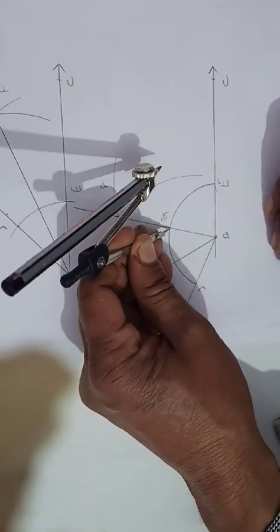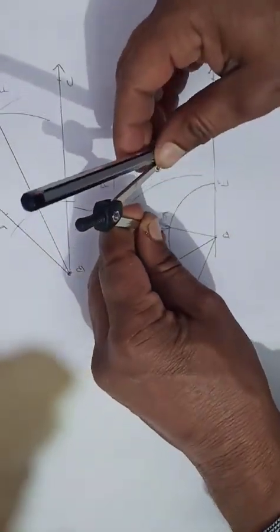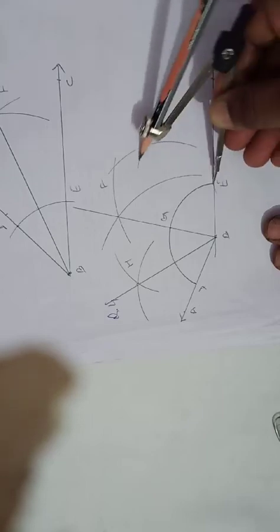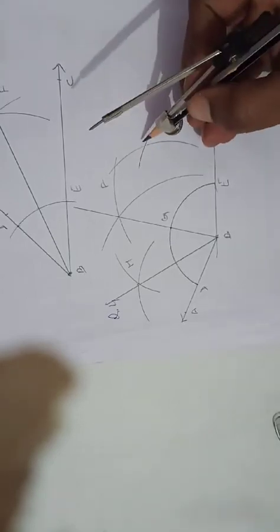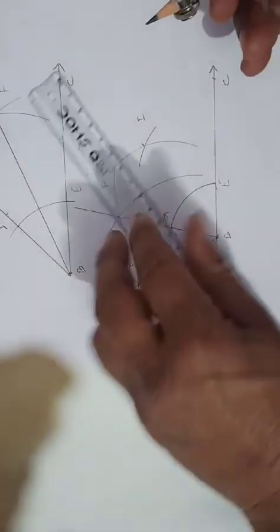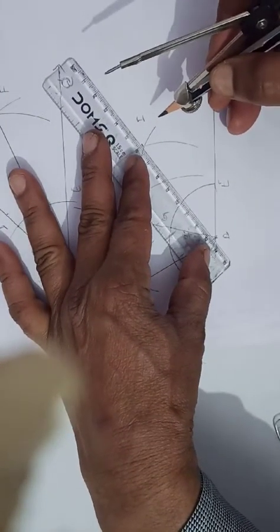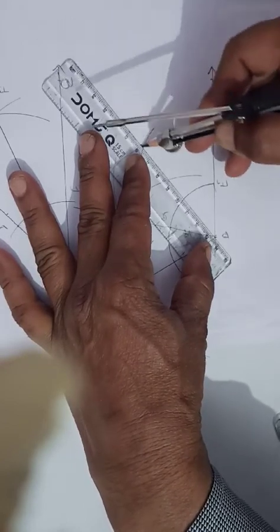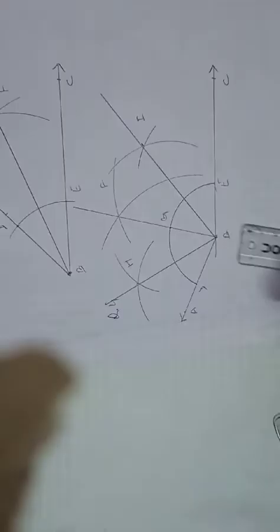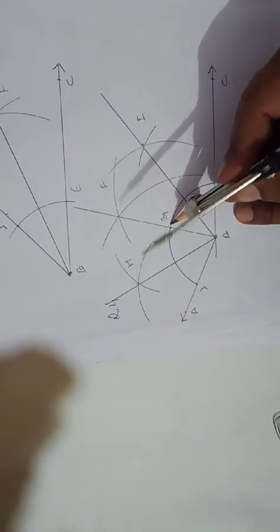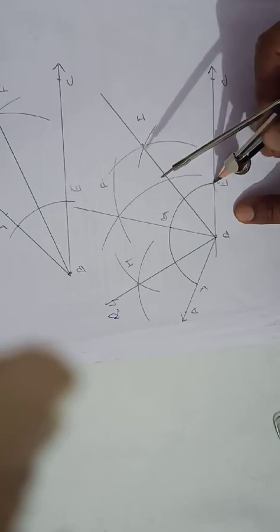Okay, in the same way you have to divide this one. Open the compass because the arc is already there, with G as center and the same radius, mark another arc at E, let it be I, and join B and I. So these two parts, one is this one, another is this one.